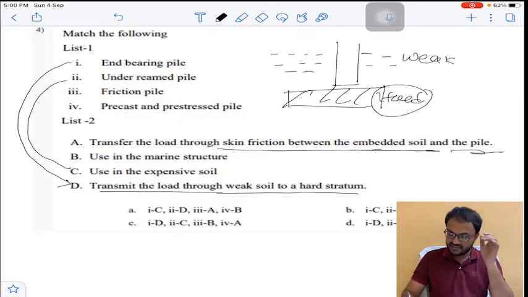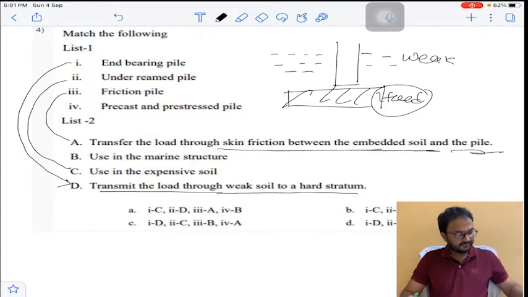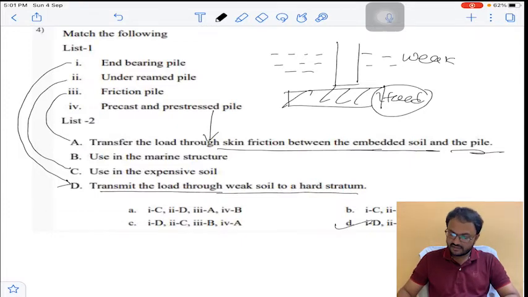And precast and pre-tensioned piles are used in marine environment, because in marine environment it is required to provide industry manufactured piles. These type of piles we call precast concrete piles. So it will be A. So for this question, the answer will be D.